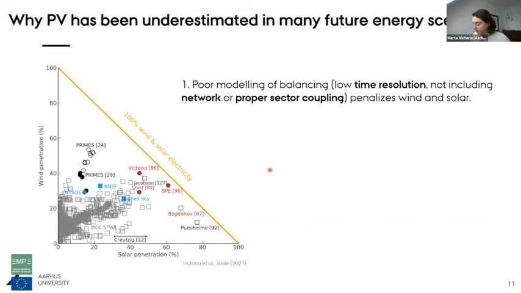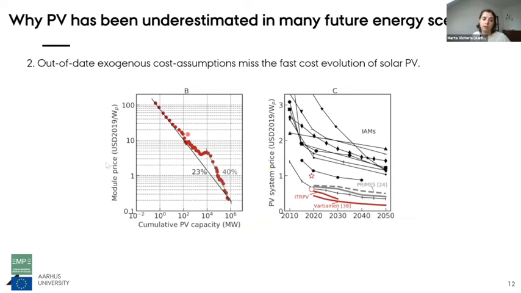be extremely aware of what is a consequence of the limitation of the model, and what is a real solution obtained by the model. There's a second reason that some others have discussed, and it has to do with the use of out-of-date exogenous cost assumptions that have missed the fast cost evolution of solar PV. For instance, just to give you one example, see the cost evolution that different integrated assessment models assumed from now to 2050.